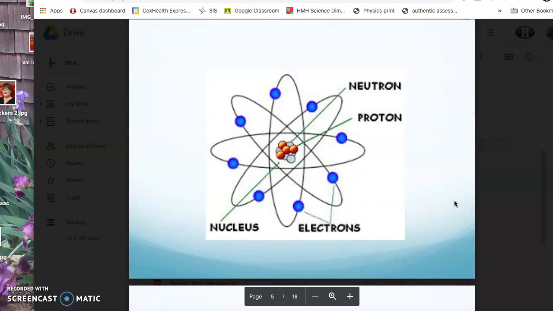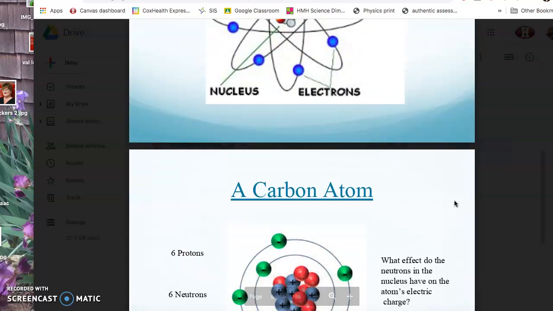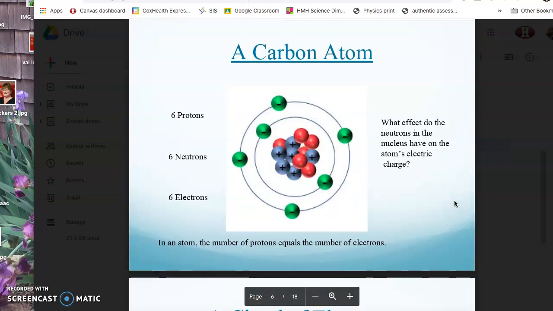Okay, so we could draw it something like this. In that nucleus, you've got protons and neutrons, and outside we have electrons. Okay, so if we were to look at a carbon atom, you can see in the nucleus there are 6 positively charged particles, they're protons.